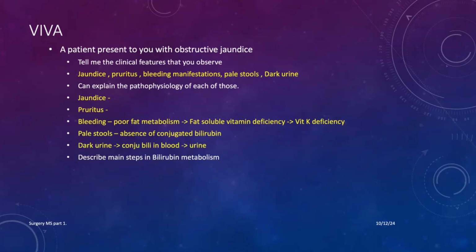So can you describe the main steps in bilirubin metabolism? Just highlight the very basic steps. Where do you get the ingredients? Yes, it's heme.